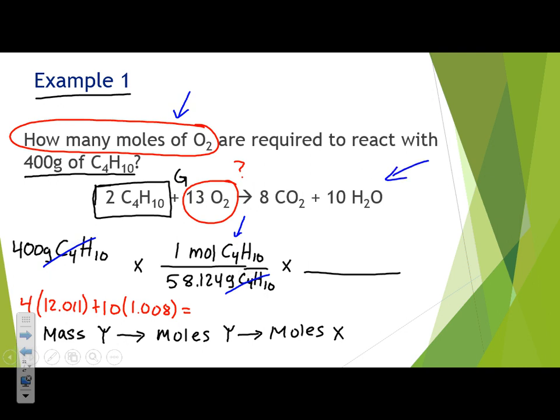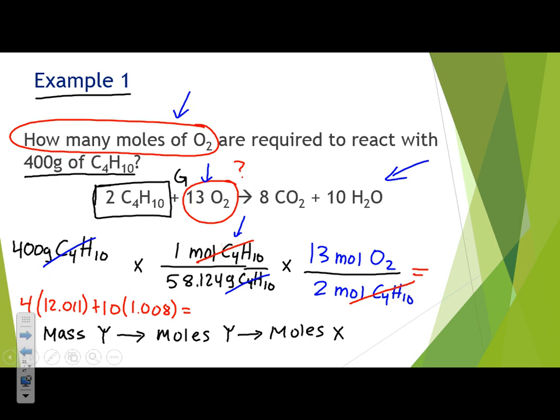So we know that for every 2 moles of C4H10, the equation says that we have 13 moles of oxygen gas, O2. So again, we can cancel moles of C4H10 on top, moles of C4H10 on the bottom, leaving us with our answer in moles of oxygen.